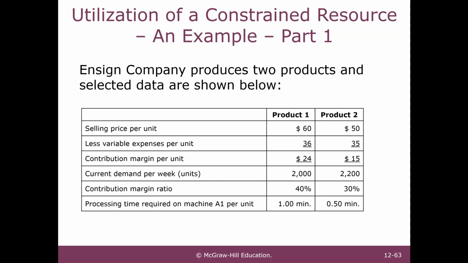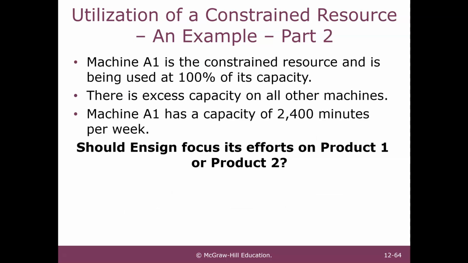In this constraint, in this bottleneck, the processing time on this machine, which is machine A1, product 1 needs to be there for 1 minute. Product 2 needs to be there for half a minute. This is the most important information that you need to figure out which you should do.